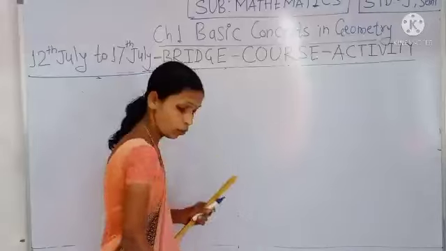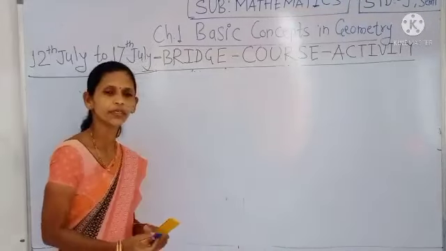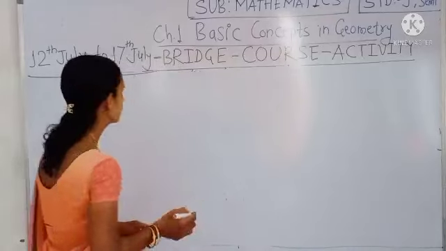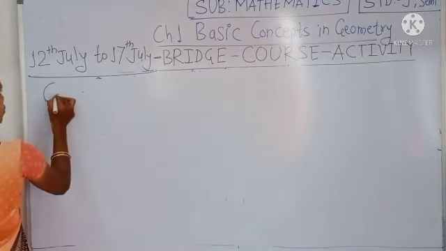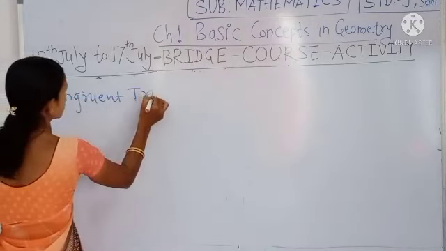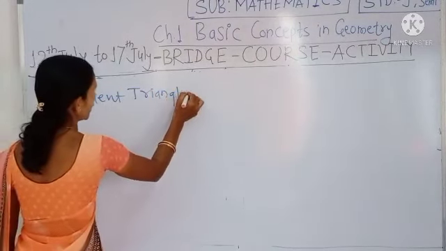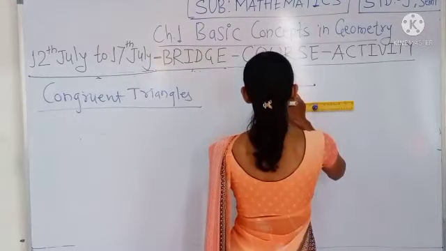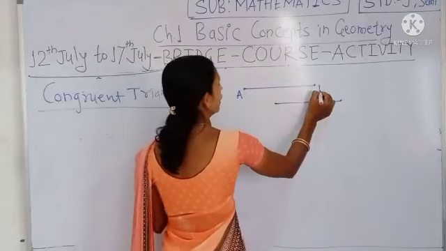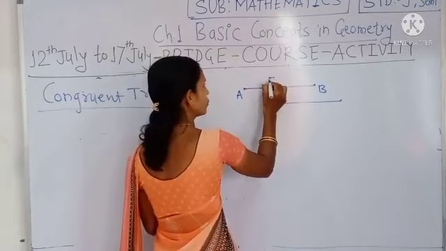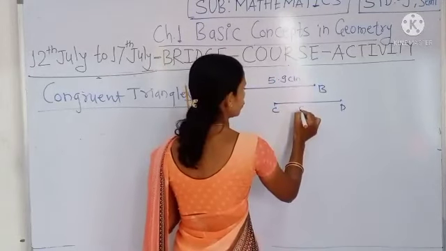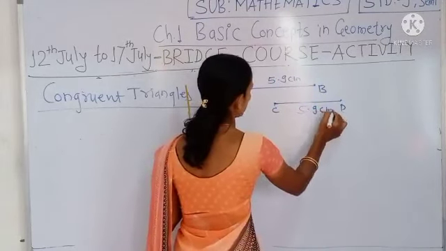Then one more concept I am going to discuss with you, that is congruent triangles. Before that, congruent segments. See here, segment AB is of 5.9 centimeter and segment CD is also 5.9 centimeter.